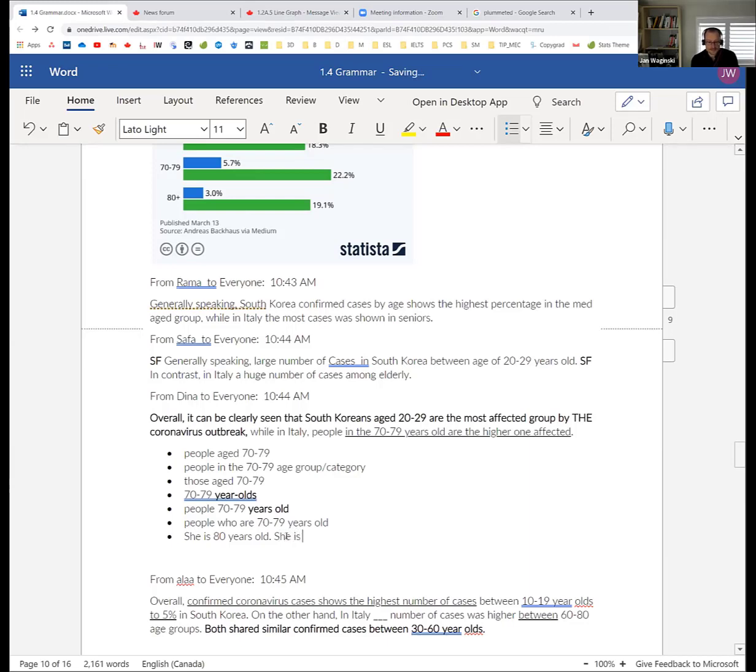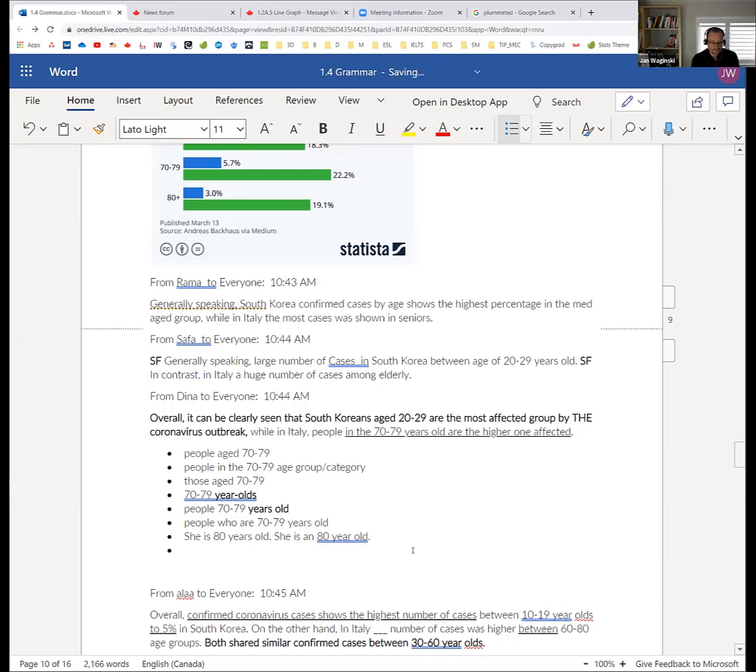She is an 80 what comes after 80 now? Year old. Old only, not olds. Yes. Because of the article an.